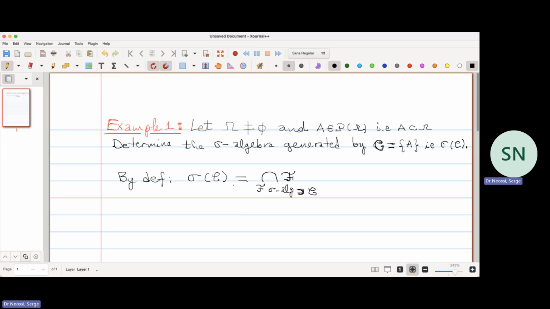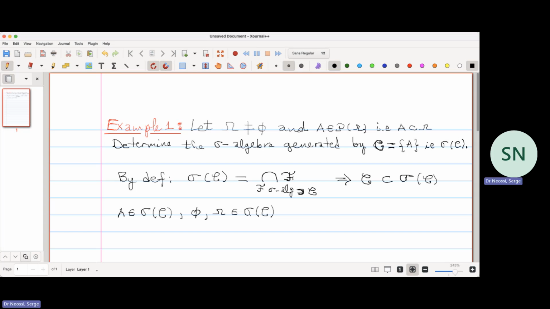In order to construct this sigma algebra, first of all, we know that C is contained in the sigma algebra generated by C. So we already have some elements of sigma C. A is already an element of the sigma algebra generated by C. And also we know that the empty set and omega itself are both in the sigma algebra generated by C, right?